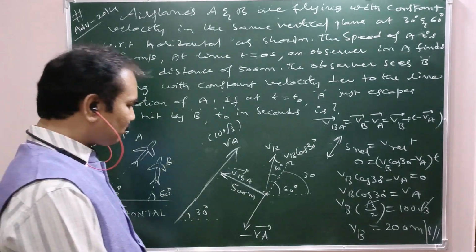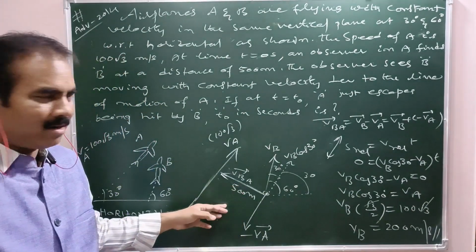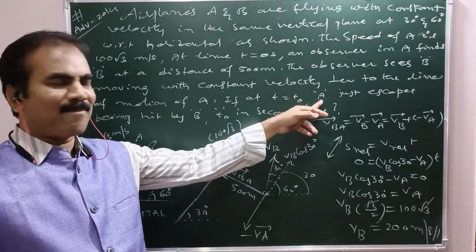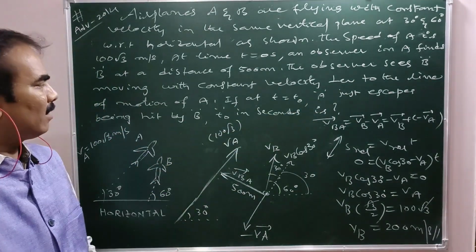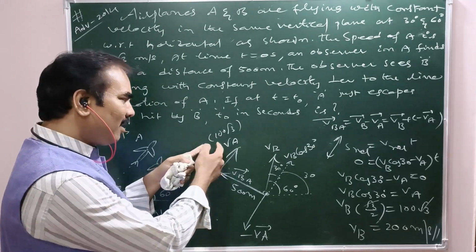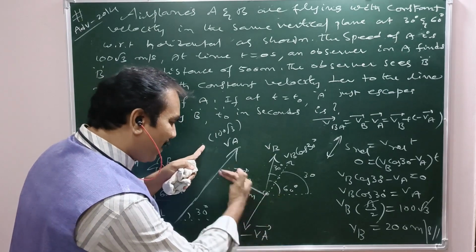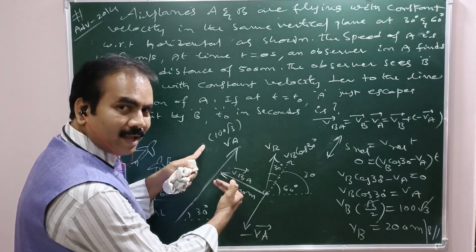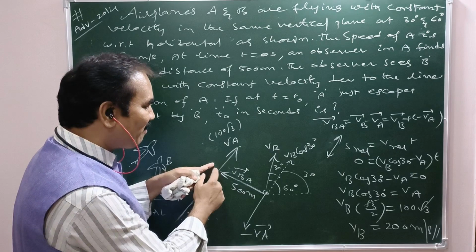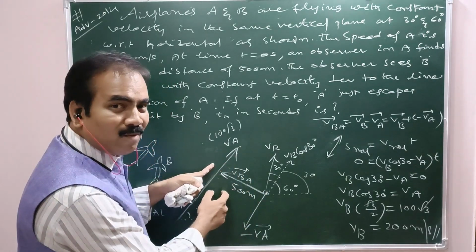Now the question is, in a time T naught, plane A just escaped being hit by B. Being hit by B means that with respect to the passenger in plane A, plane B appears to move along the perpendicular line. So just escaped from hitting means the relative separation of 500 is cleared, almost cleared.